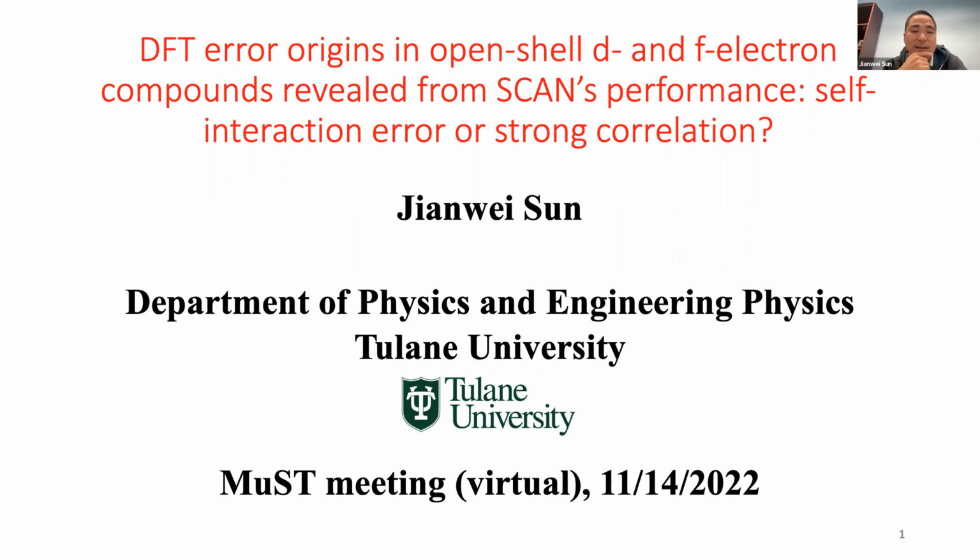But what I would like to say is that if we use density functional theory to calculate properties of materials, or we would like to develop a density functional for correlated materials, probably the first step is to crack this self-interaction error, and then we can get to strong correlation, or have a better understanding of strong correlation from DFT's perspective.